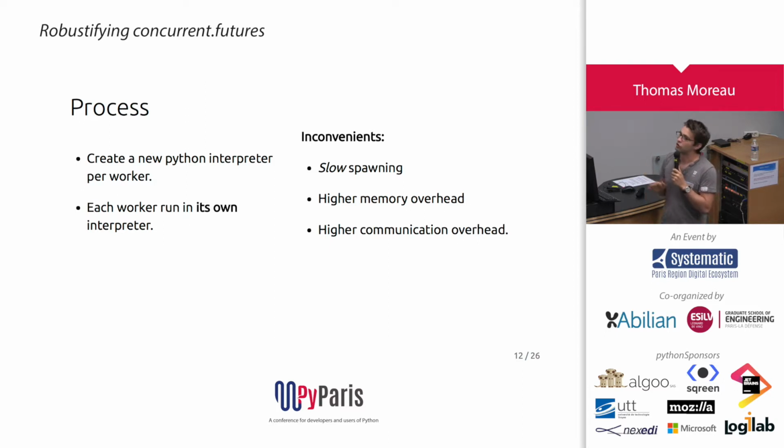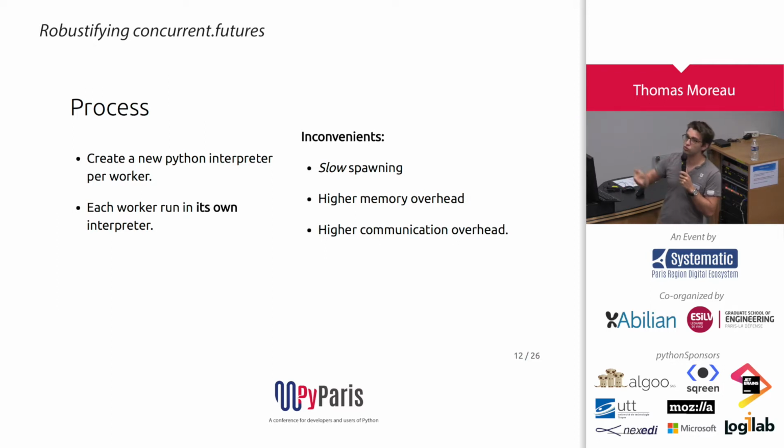We will see that slow spawning is something that we can maybe manage. It has higher memory overhead because you need to have an interpreter for each worker, and the interpreter takes some memory, I think around 30, 50 megabytes.